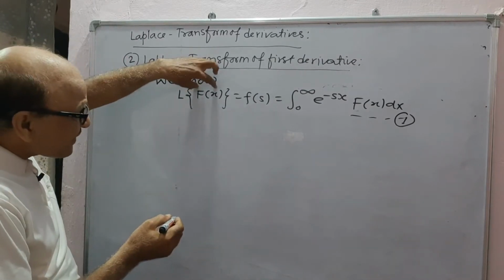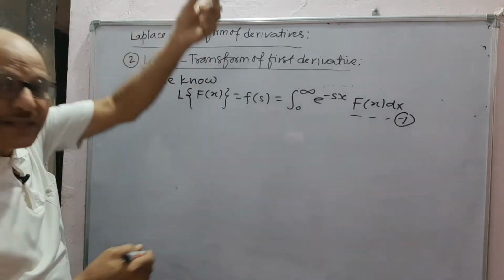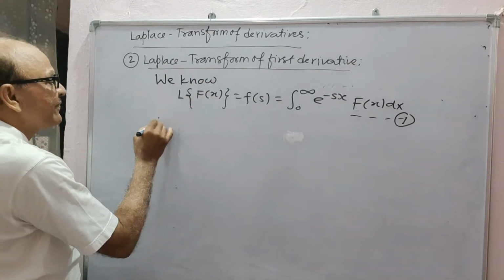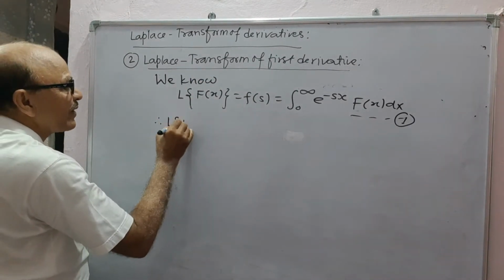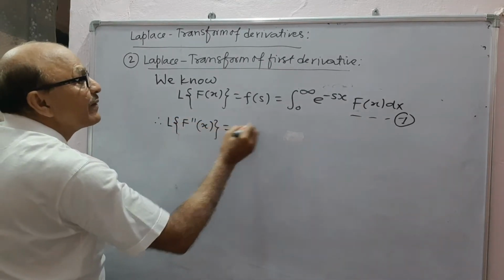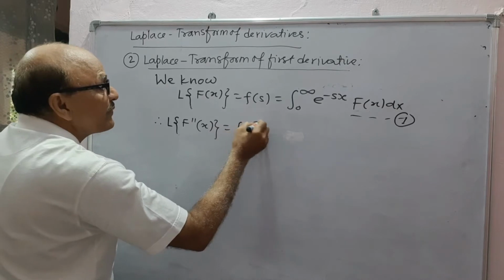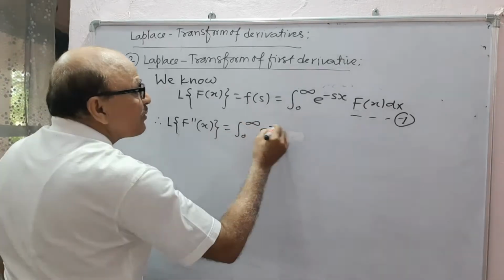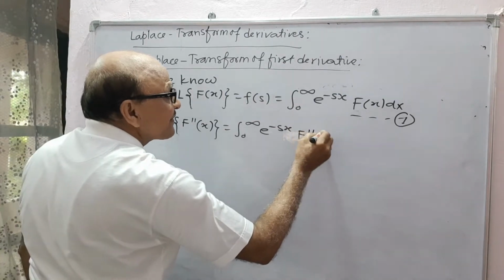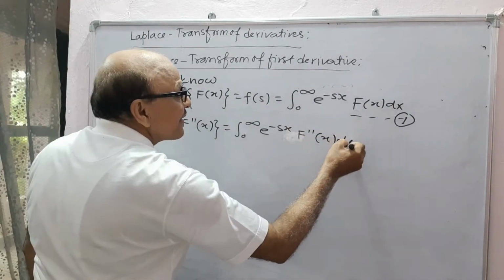Now we replace f(x) with second derivative f double dash x. Therefore Laplace transform of second derivative f double dash x will be equal to integral 0 to infinity e to power minus sx f double dash x dx.